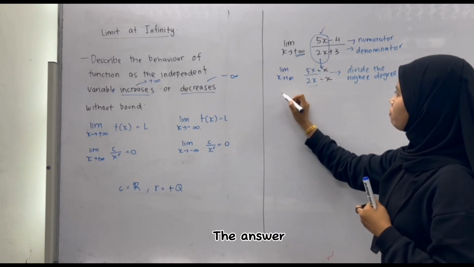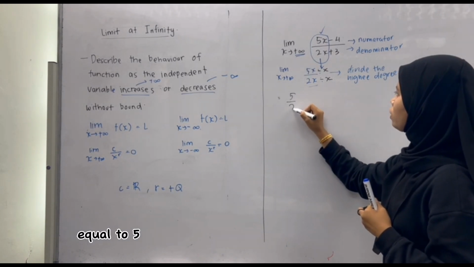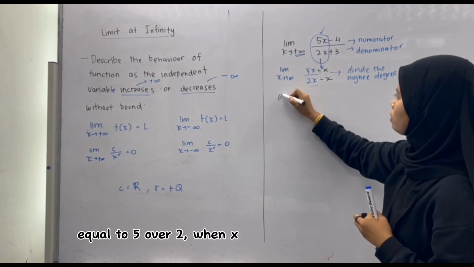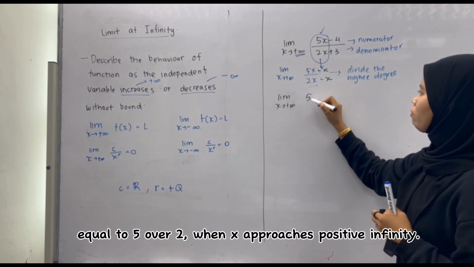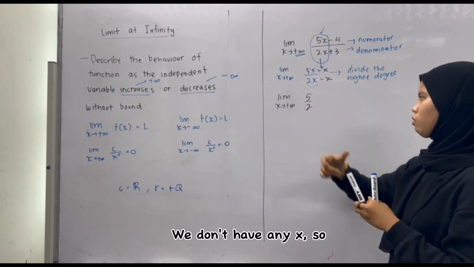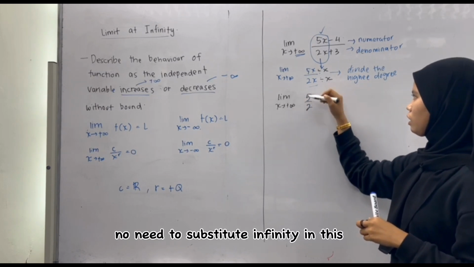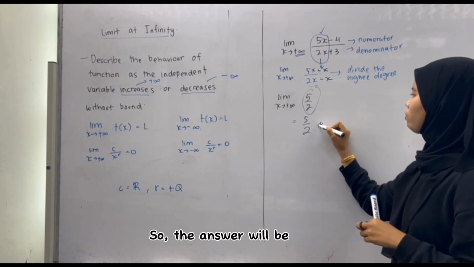The answer is equal to 5 over 2. As x approaches positive infinity, 5 over 2. We don't have any x left, so we do not need to substitute infinity in this term. So the answer will be 5 over 2.